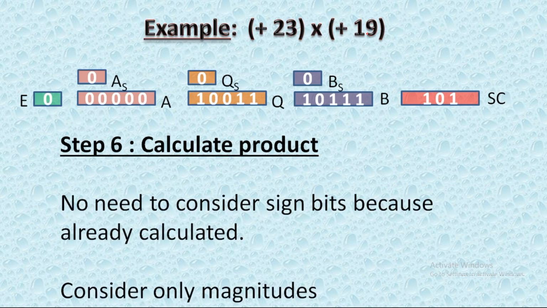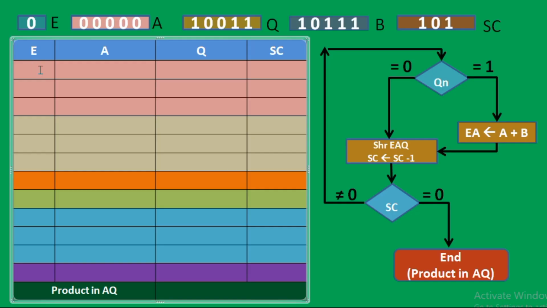Step 6, calculate the product. No need to consider the sign bits because the sign is already calculated. So consider only magnitudes. Initially, what is E? 0. What is A? 0. What is Q? 10011.